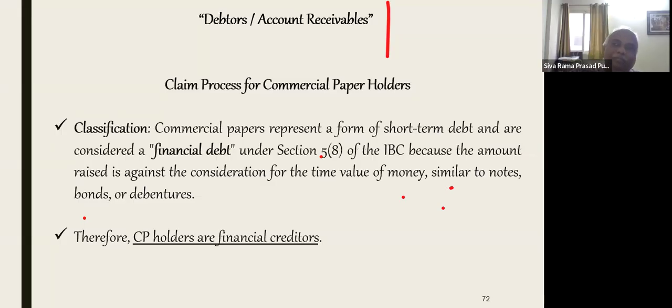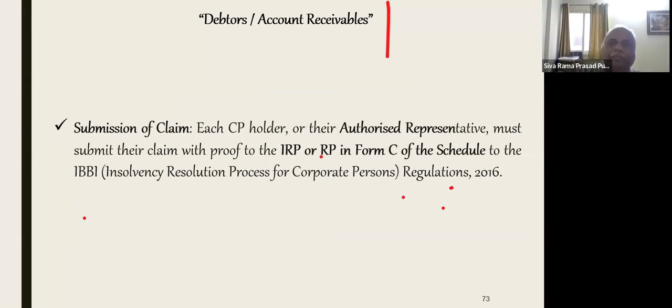Big companies, this will happen, not small companies. Therefore, the commercial paper holders are financial creditors. Submission of claim: each CP holder is authorized to submit their claim proof to the IRP or RP in Form C, scheduled to the IBBI Regulations 2016.